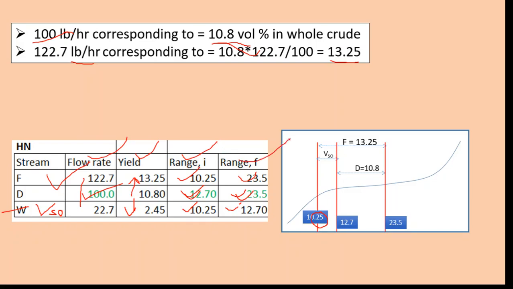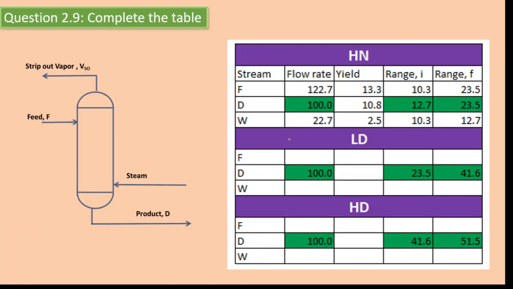So this is all about how to carry out the material balance. Your task is to find all these values for the light distillate and heavy distillate, as we have carried out for heavy naphtha. These ranges are given here for light and heavy distillates, and we have assumed the 100 pounds per hour flow rate. You have to fill all these remaining entries.